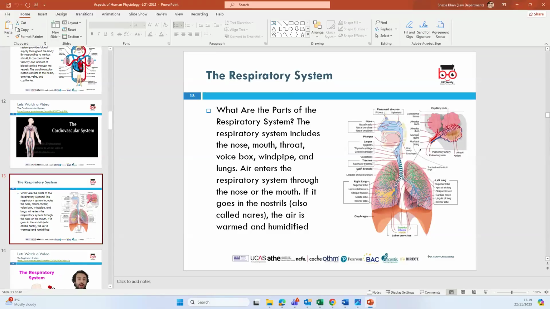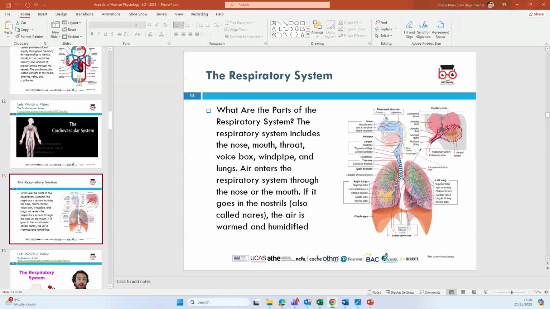So it includes things like your nose, your mouth, your lungs, like you said, your muscles like the diaphragm, and air travels through the airways into the lungs where the oxygen moves from tiny air sacs called alveoli into the blood. So this is inhalation, and the air moves through and then exchanging of gas.